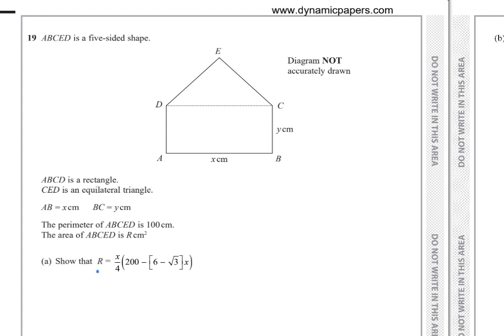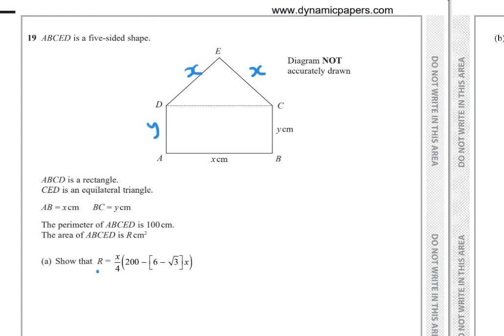Now we need to find the area in terms of x. So we need to find y in terms of x. We can do that from the perimeter. The perimeter is 100. Because this is an equilateral triangle, this side is x, and x, and x. And because this is a rectangle, y and y. So the perimeter is 100.